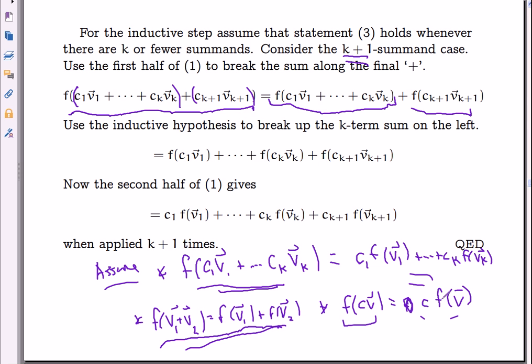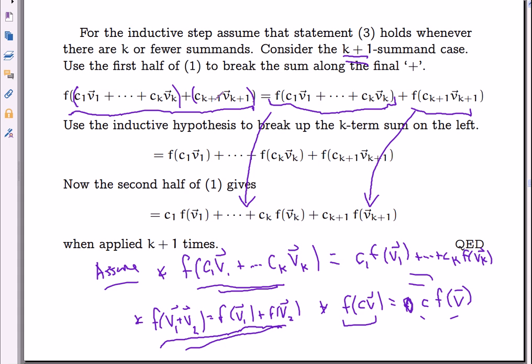So actually, I can go immediately from this statement down to this statement here. And I can also go from this statement to this expression here. And that gives me the fact that inductively I can show that the statement is also true for k plus 1.